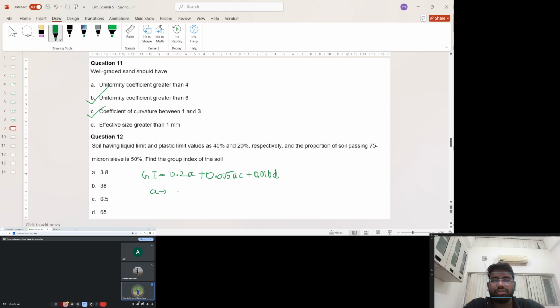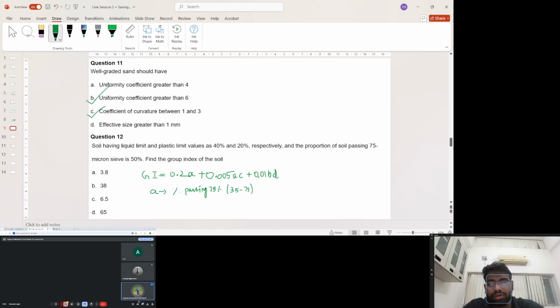the percentage passing the 75 micron sieve, and in this case the range of percentage will be from 35 to 75.